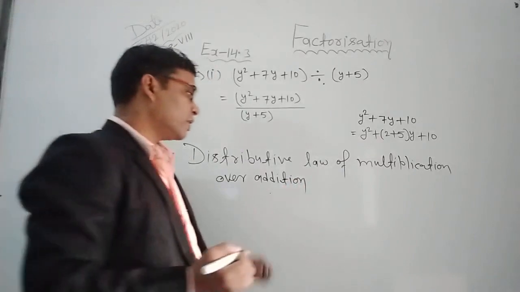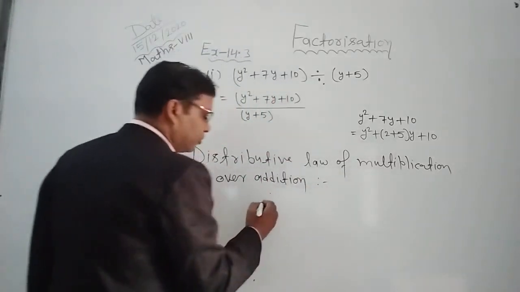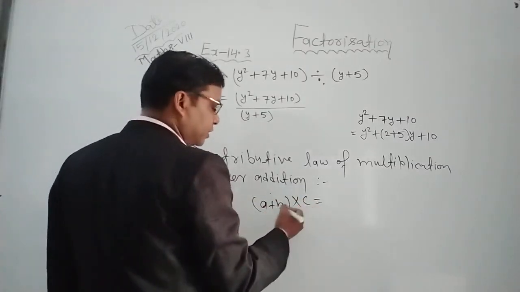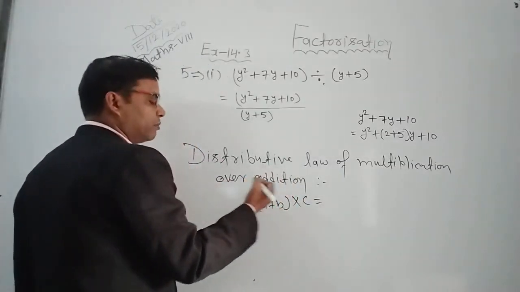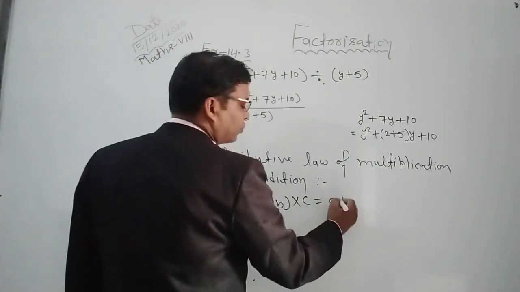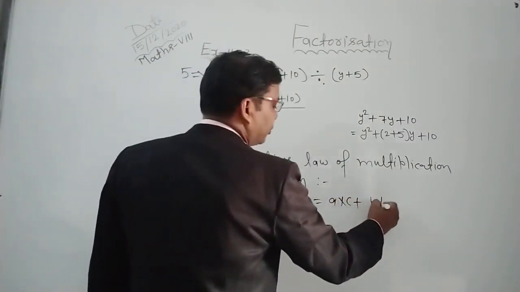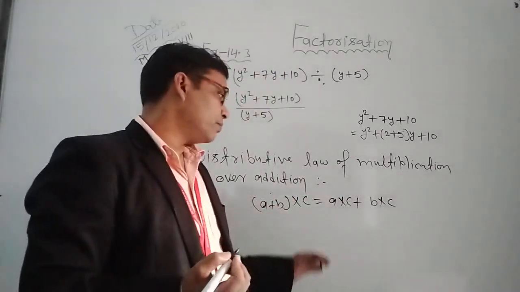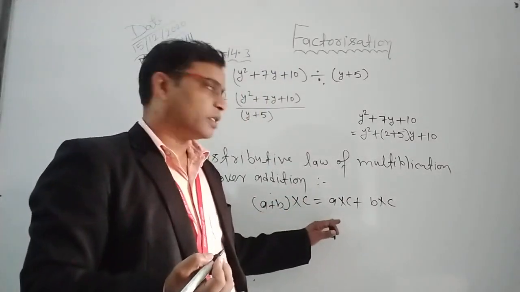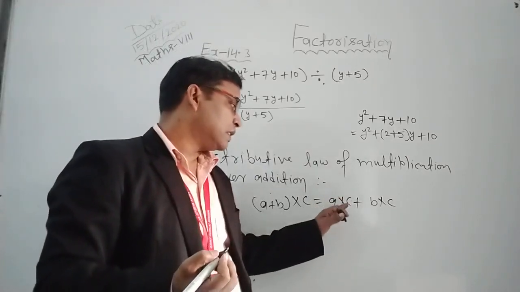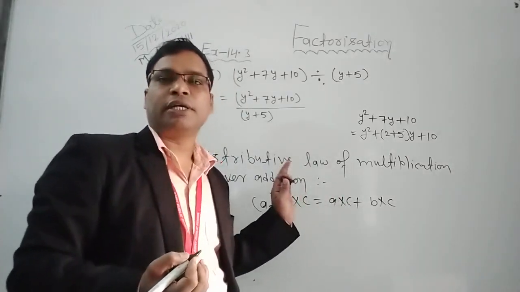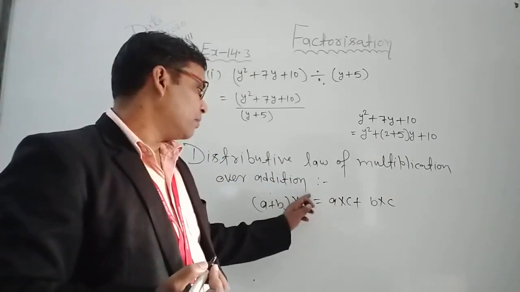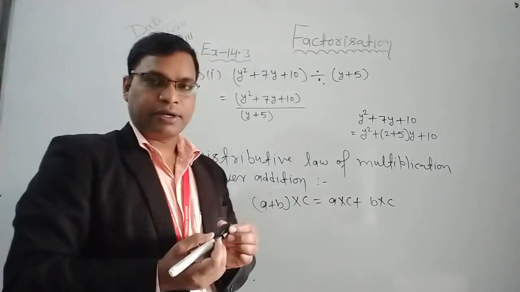If you take (a plus b) into c, this becomes, according to the distributive law of multiplication over addition, a into c plus b into c. This is clear. This is called the right distributive law of multiplication over addition, because it is multiplied on the right side.